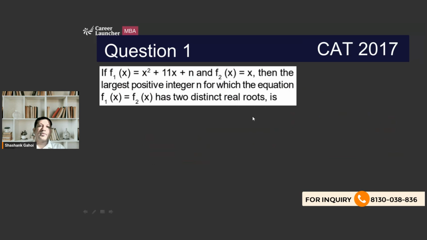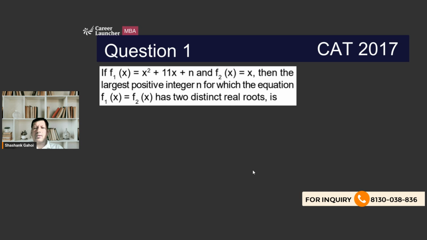Okay. Now the first question is: f1 of x is x square plus 11x plus n, and f2 of x is equal to x. Then find the largest positive integer n for which the equation f1 of x equal to f2 of x has two distinct real roots.